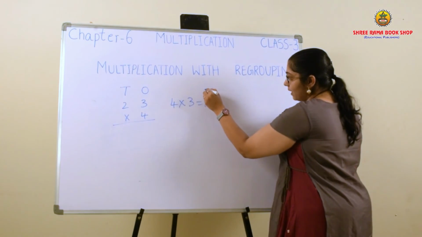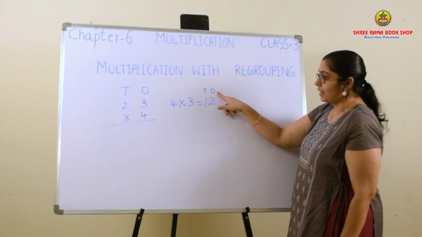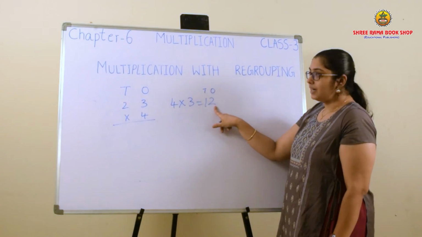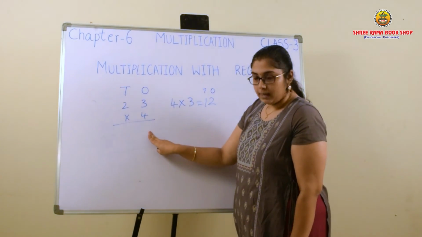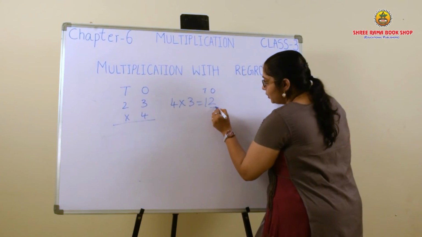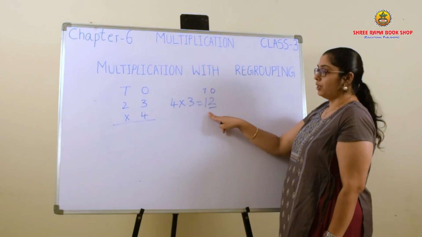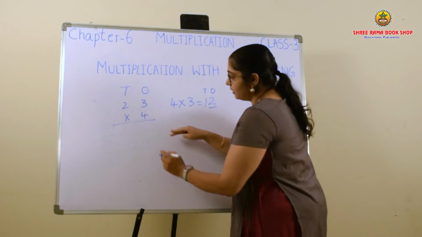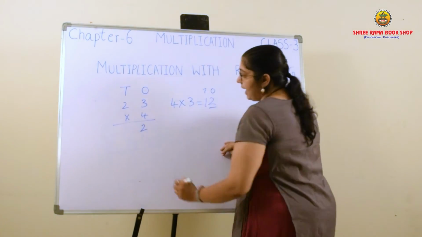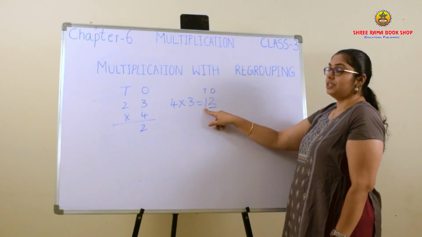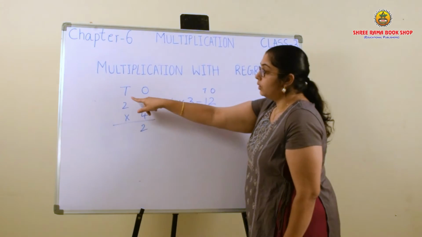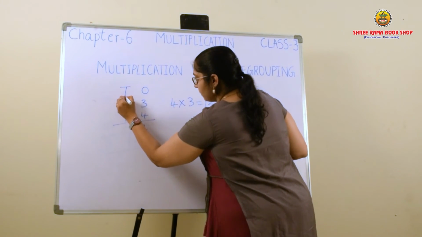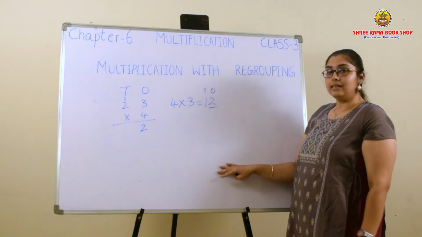Again, ones and tens. In the ones place, whichever digit is there, you need to write the digit in the respective column. So here the digit 2 is there in the number 12, right? So I will be writing this digit 2 here in the ones column. And I will be taking this digit 1 to the tens column here as a carry.